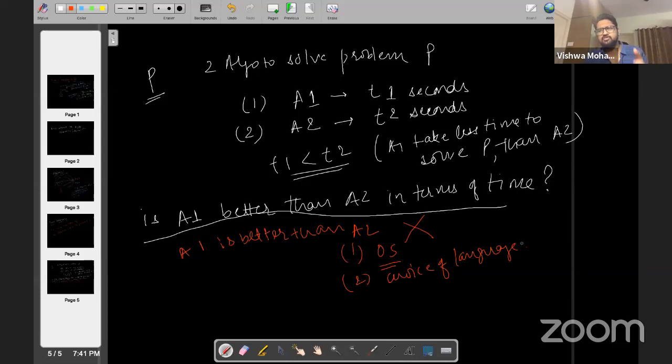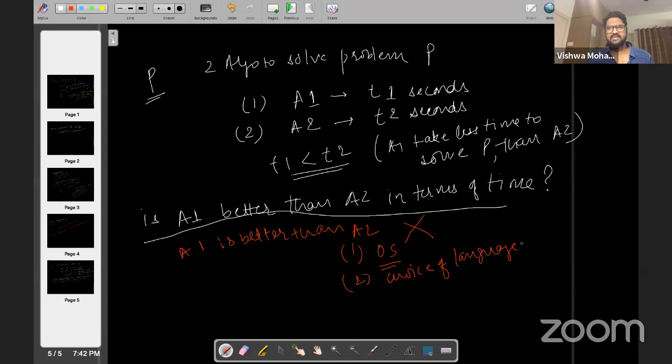So for example, if I wrote A1 in C++ and A2 in Python, even though A2 was a better algorithm, since I chose a language that takes more time to solve a particular problem, the total time will differ. So it also depends on the choice of language that you are using.